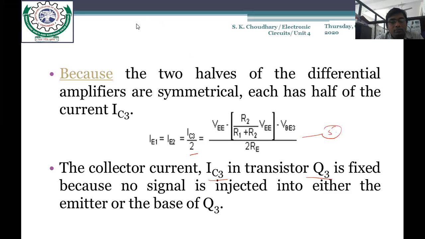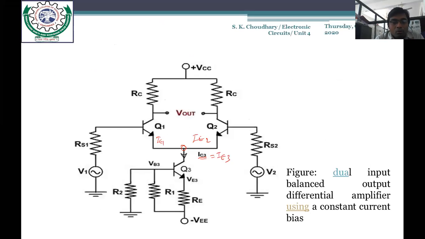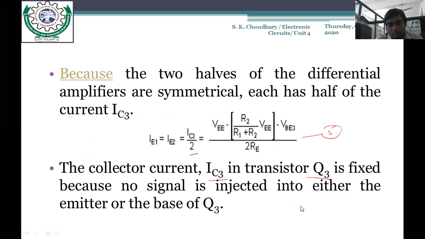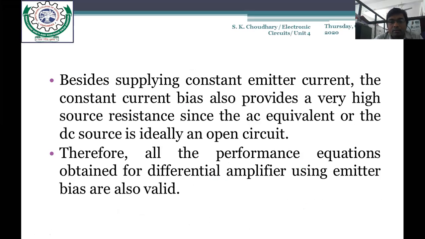That is not acceptable because it would decrease the value of IE. But when you use this configuration, constant current biasing, no extra signal is injected into the base or the emitter of this transistor, so IC3 remains constant throughout the operation. Okay, so this is one of the solutions for providing the constant current.